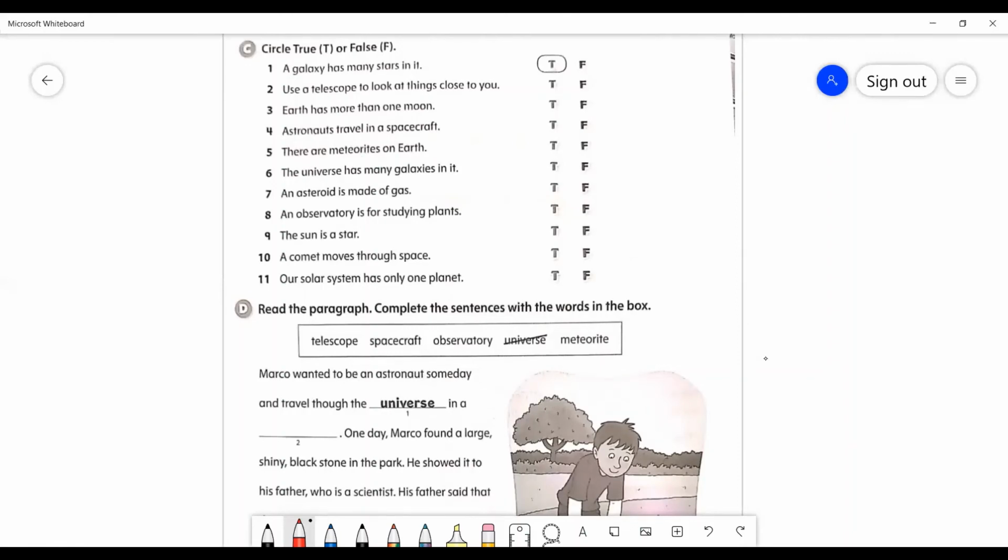This is a correct, true statement, so T is already circled.